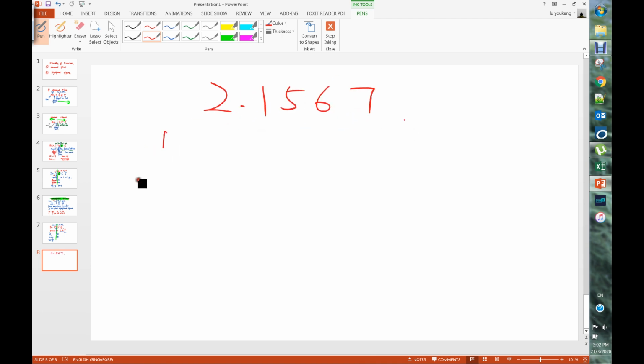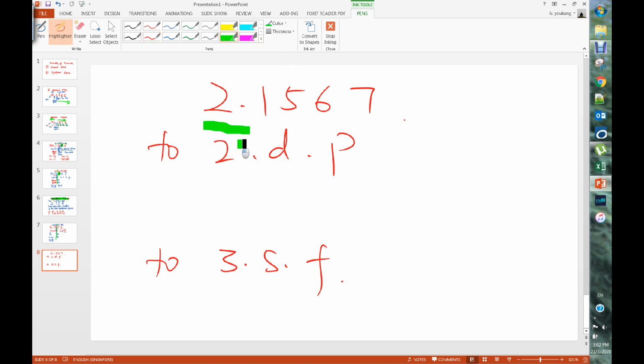Okay, so to two decimal places and then to three significant figures. Okay, so over here it's the same number, but you can actually find the two decimal places, and then we can also find the three significant figures for the same number.